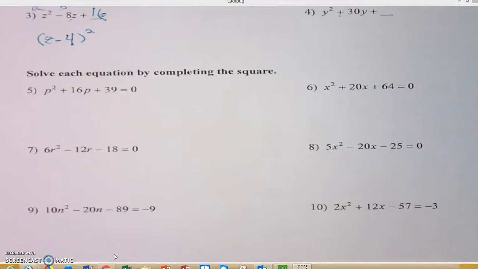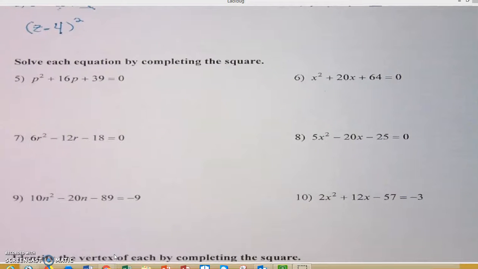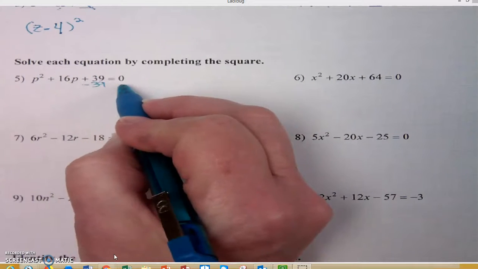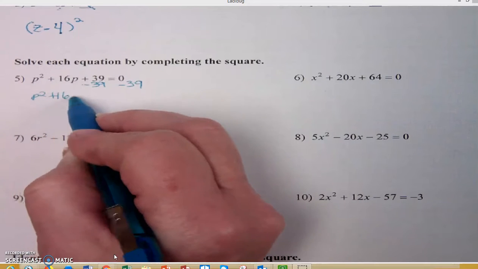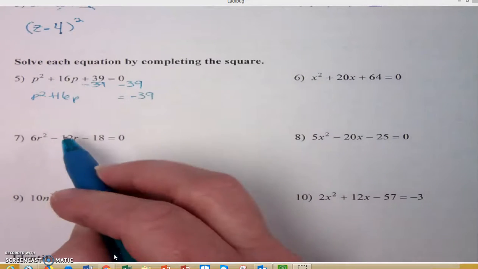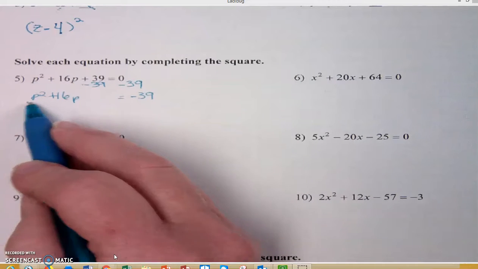So 5 through 10 are the example problems that go with this section. So if we do number 5, my first step is to move my 39 over, and I get p squared plus 16p equals negative 39. My a is 1, so I don't have to divide.